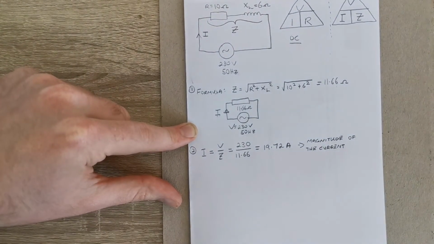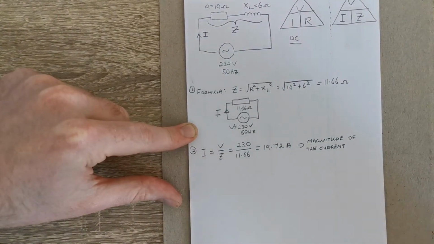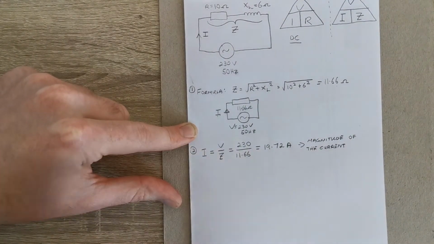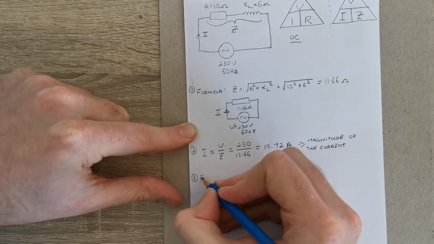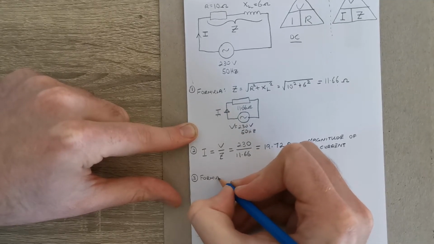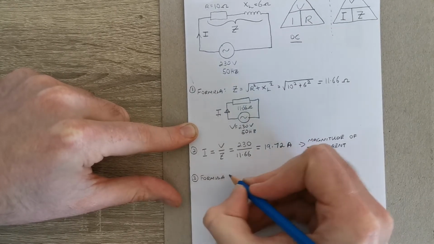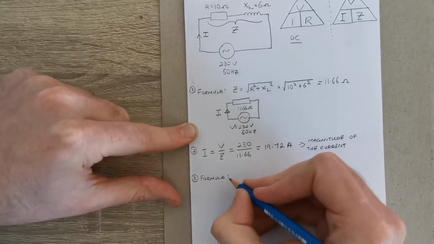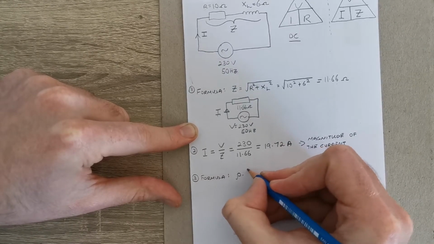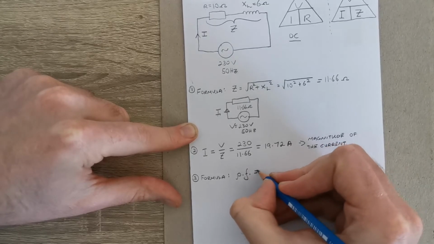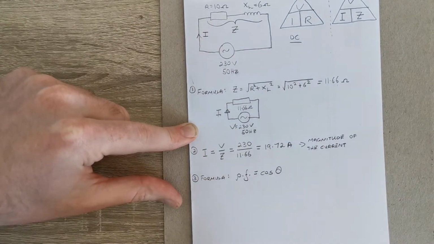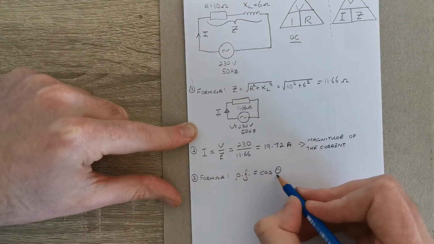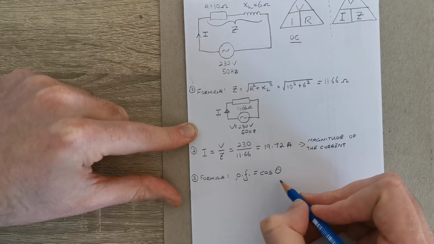In that same part of the question, in part A, you're asked to work out the phase of the current as well. So again, if we look in your formula book, you'll see there's a relationship for the power factor, which is the cos of the angle between the voltage and current. So this angle here is our phase.